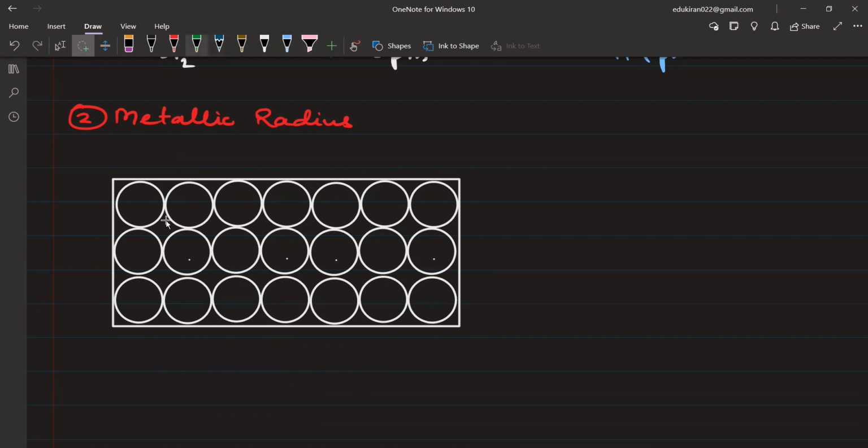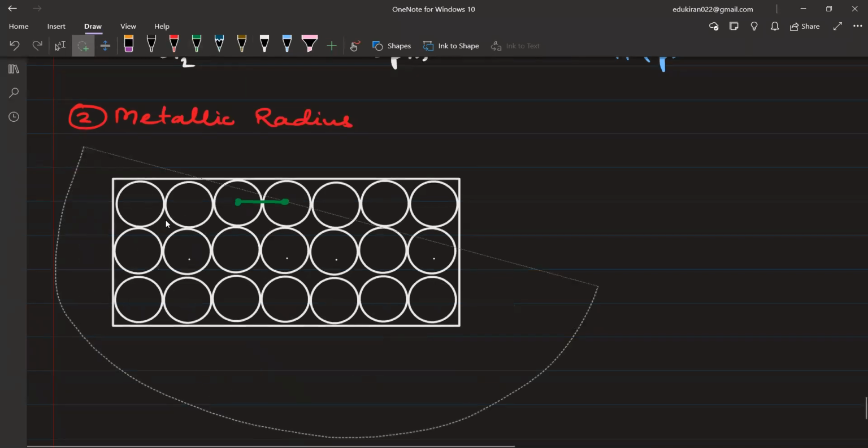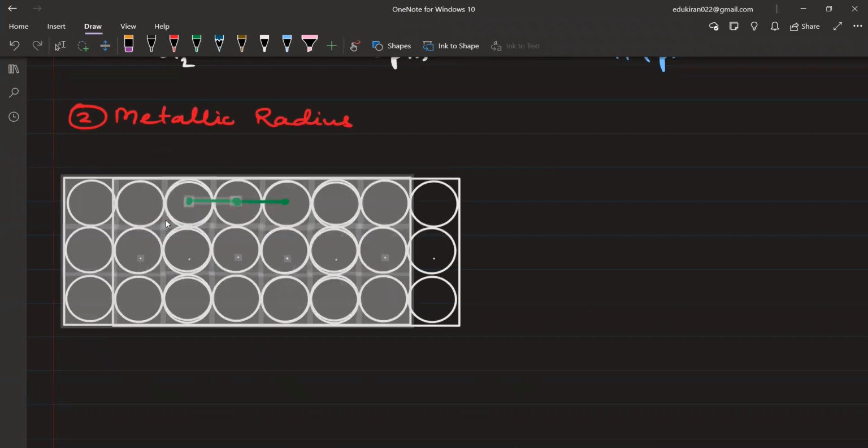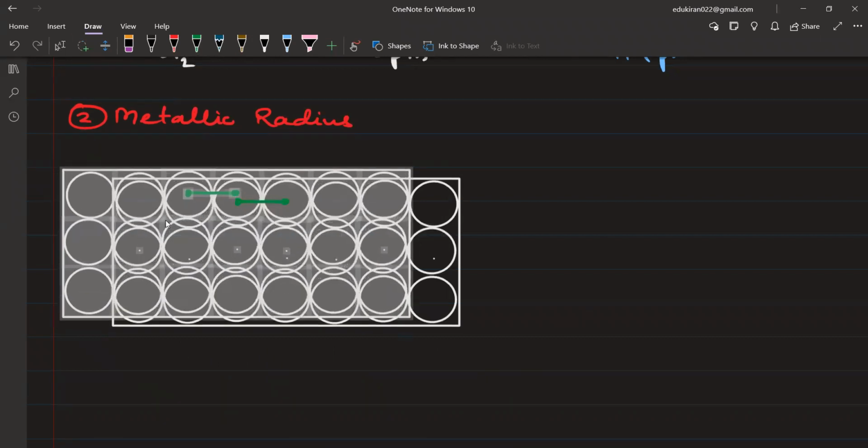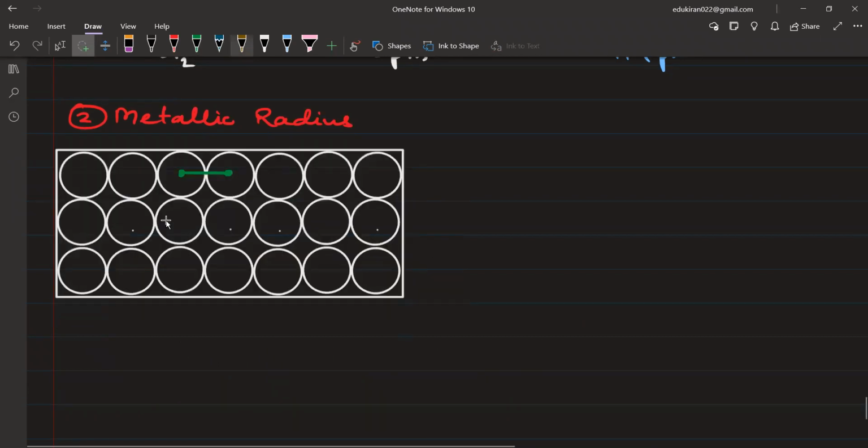And if I talk about 2 different adjacent atoms here, these are the centers, and this is the distance between them. And the half of this distance will be the metallic radius, and this will be measured. And this same radius here will be called the atomic radius of this particular metal. Because what we are doing, we are approximating the atomic radius.